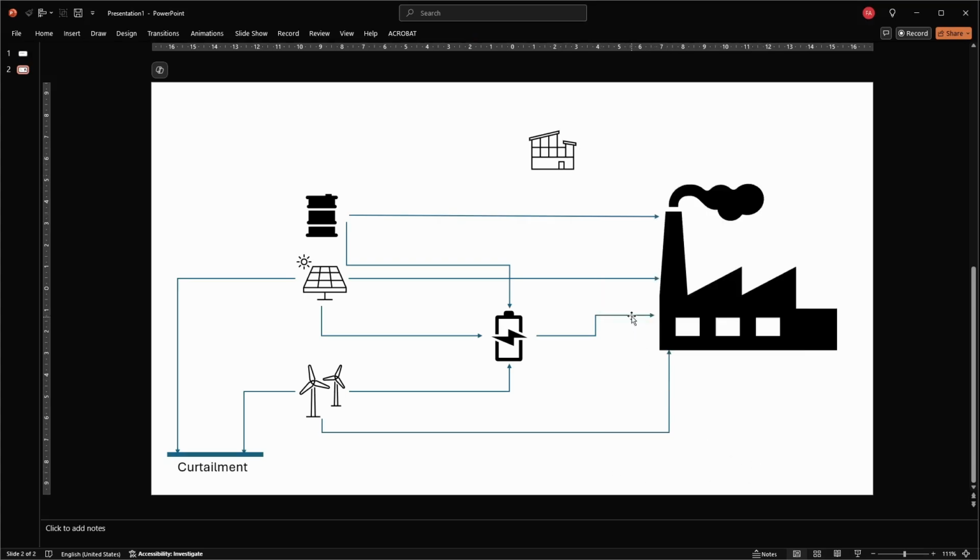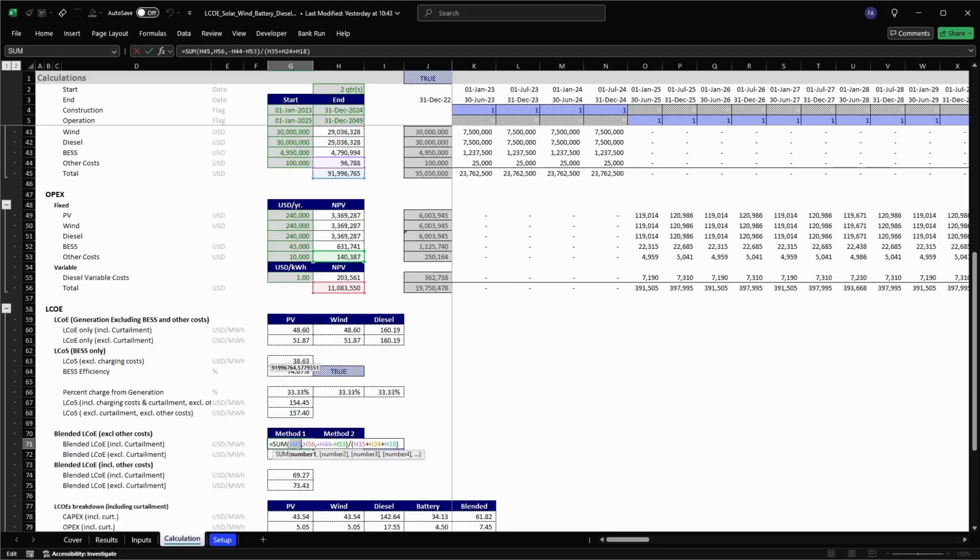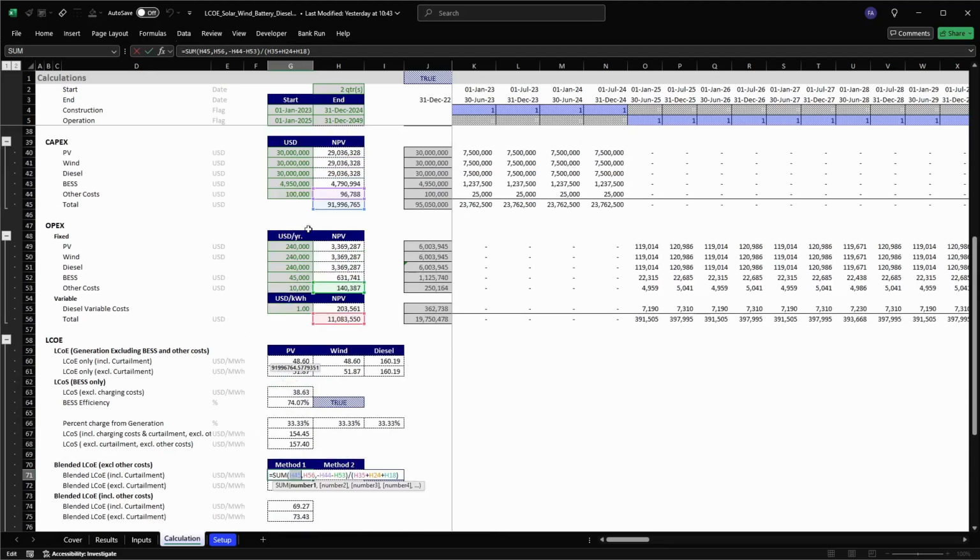So we're going to get these 4 streams here, NPV them, and get the NPV of the capex and opex, and divide by this number. I'm going to go over here and press F2. Let's see what we have. So I'm getting first the total capex, and I'm subtracting the other costs.